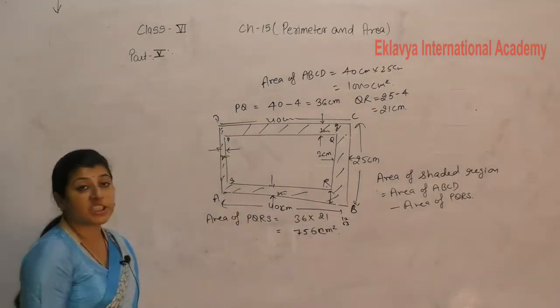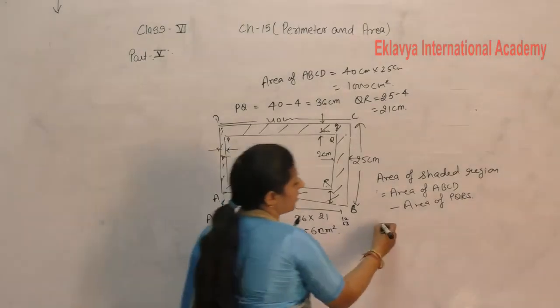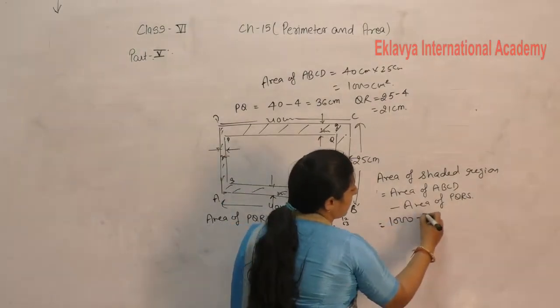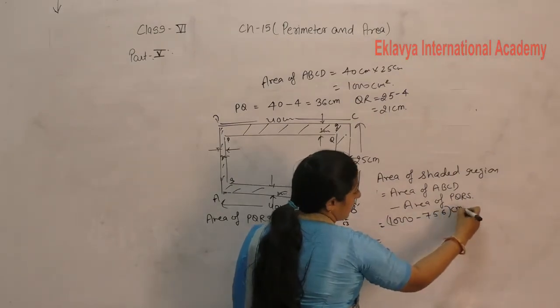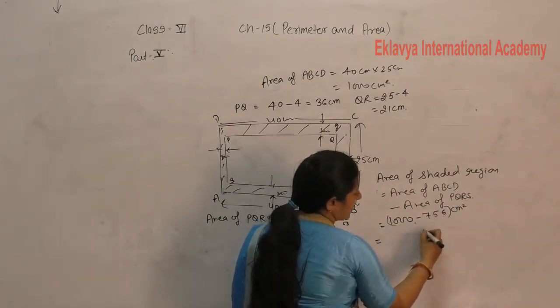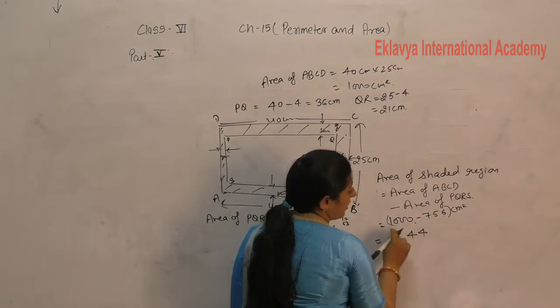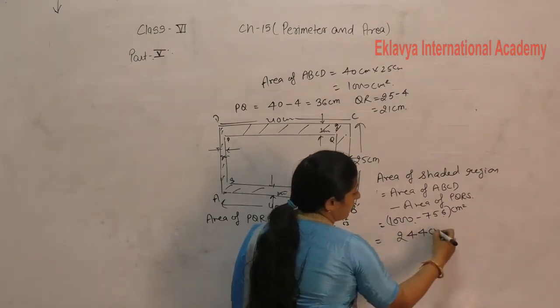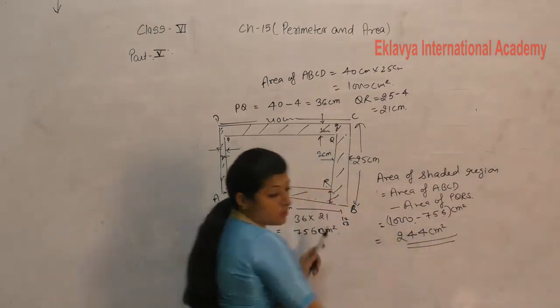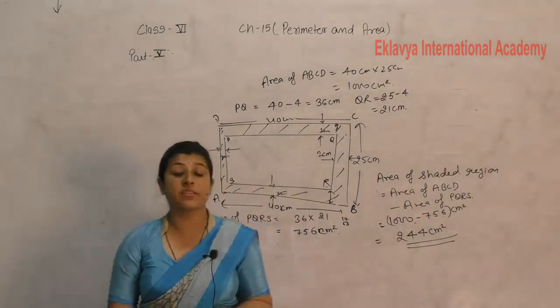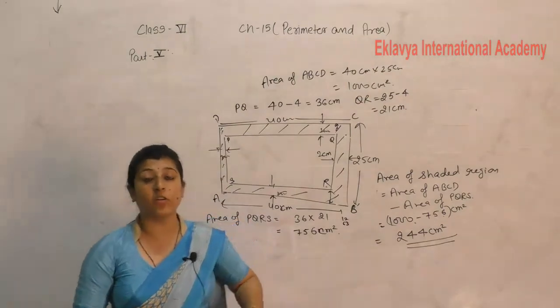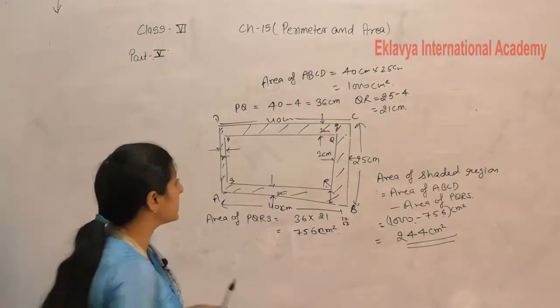We need the shaded region area, so what we will do? 1000 minus 756 centimeter square is equal to 244 centimeter square. Answer is 244 centimeter square. So this is how we find out the area of the shaded region.